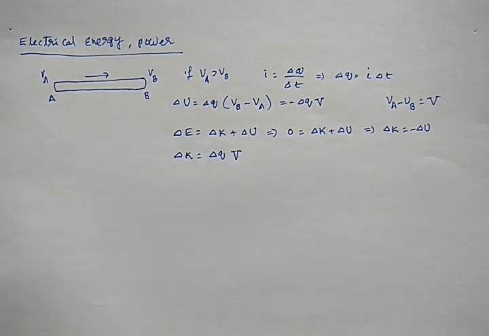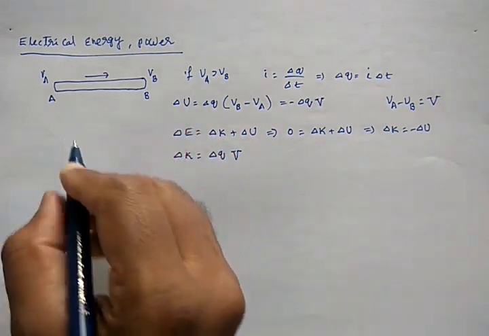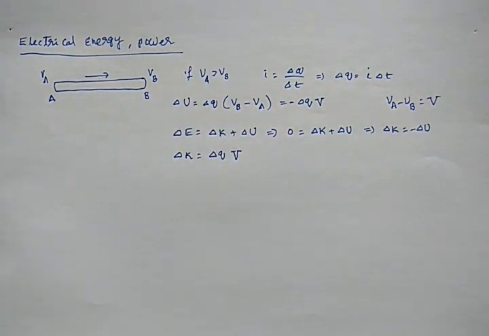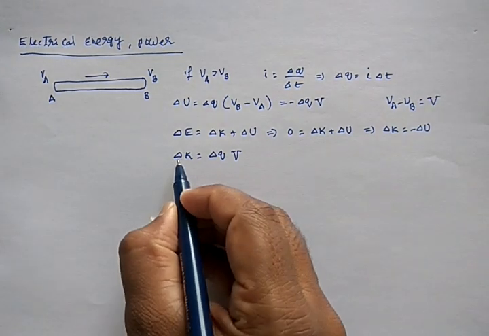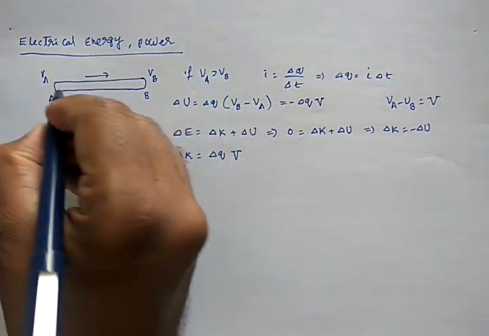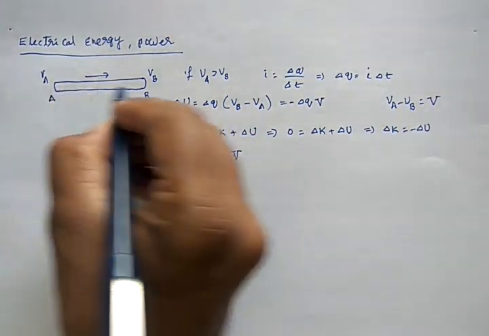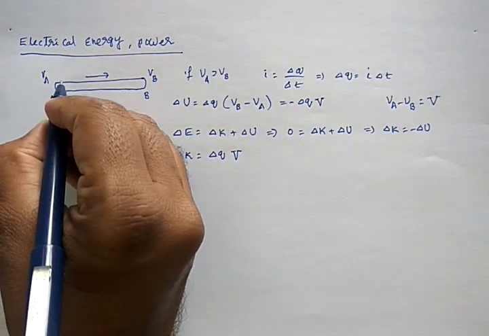This is the change in kinetic energy of the charged particle that is going from here to here. But in a conductor, charges move with constant velocity. By conservation of energy, kinetic energy must increase from here to there, because potential energy is coming down.